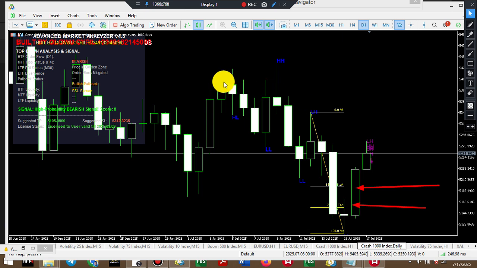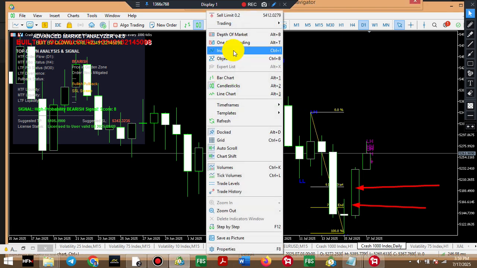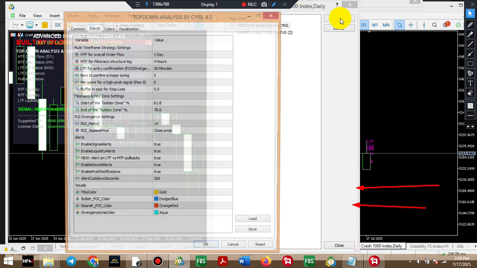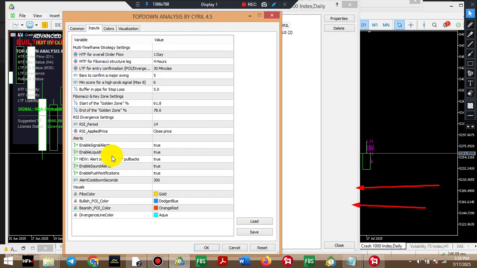Then if you are going to be using a VPS, there's what I'm going to suggest for you. For you not to receive unnecessary alerts, when you come here, under this alert, you are going to leave only the signal alert. Any other alert that is not a signal alert, you ignore it so that once you receive a beep, you know that it's from a signal. Because when you check now, we have other alerts.